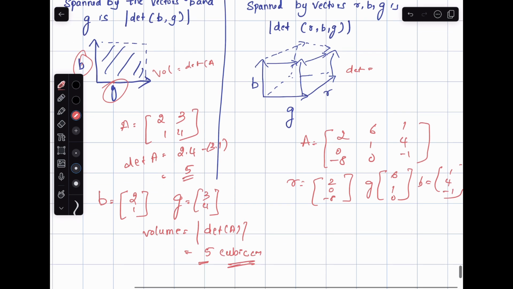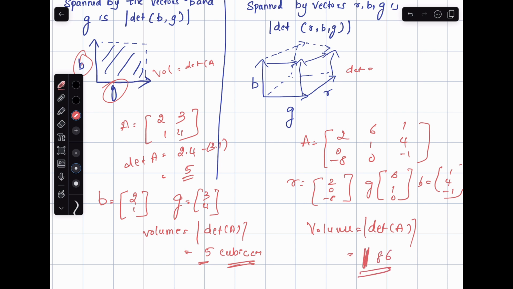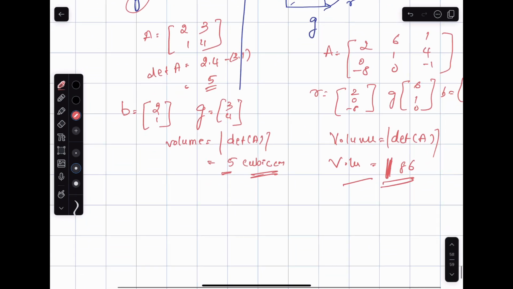Now let us find the volume. Volume is nothing but the determinant. We know how to find the determinant, right? If I calculate, I get 186 cubic centimeter. So this is all about finding the volume using the determinant.